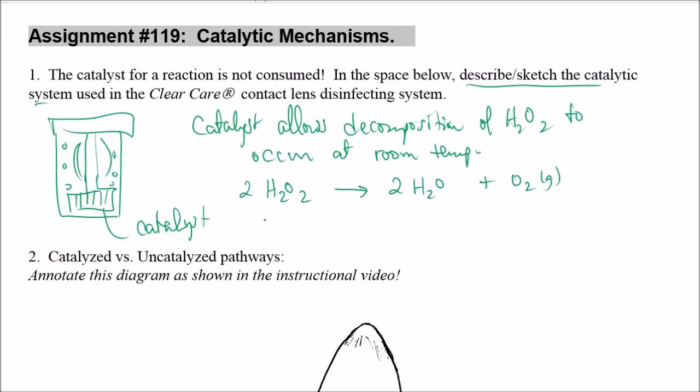And the importance of this is H2O2 is a good disinfectant, but it is also very painful to put in the eye. So you want to decompose it so that it turns into water, which is harmless for your eyes. Okay, so something like that is a reasonable summary of the catalytic system.